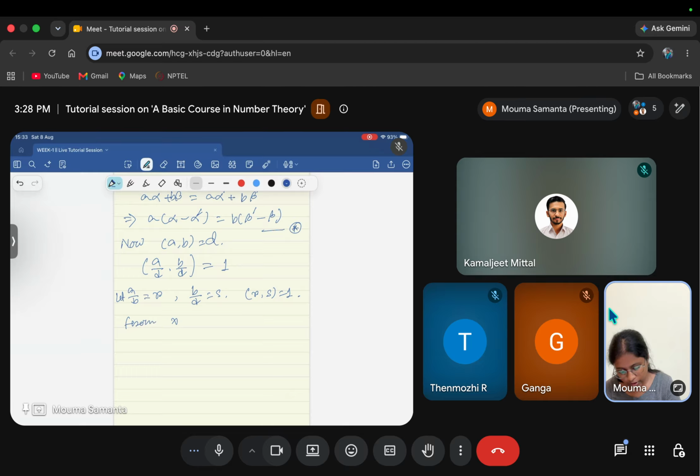From star what we can say? We get that A by D, this is D not B, that we can write, divide both sides by D, then what we will get? This is R times, from star, dividing both sides.